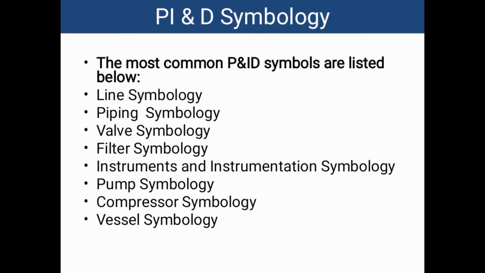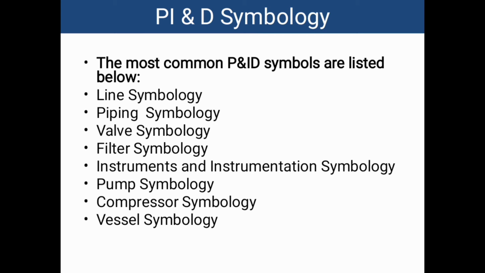Then P&ID symbology. It is a graphical representation. When you say P&ID, that is a graphical representation of the process flow. Everything will be mentioned as a symbol. This symbology includes line symbology and piping symbology. So what is the line? It's the connected line, double pipe line, traced line, electrical traced, steam traced, or jacketed or insulated.